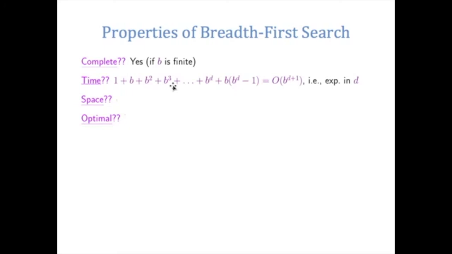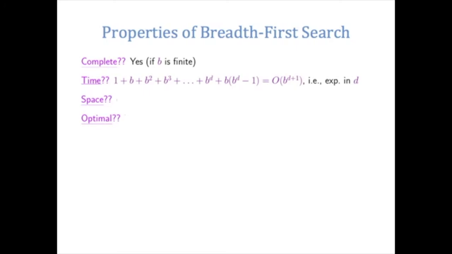The next level will have b cubed and so forth through b to the d, and b times b to the d minus 1 when we find the solution, which we can say is on the order of b to the d plus 1. In other words, the time, which is equivalent to the number of nodes we have to create, is exponential as a factor of d. That is, the depth of the tree where we find the solution.